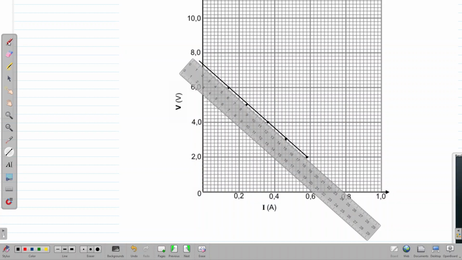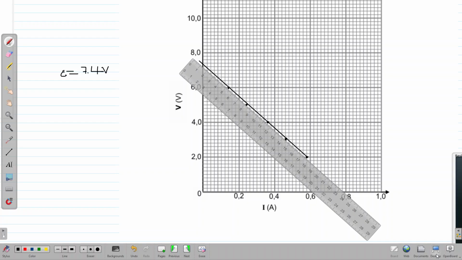So what is this value here? My EMF, that is 8, then 7, 6, 7.4. So my EMF is equal to 7.4 volts.